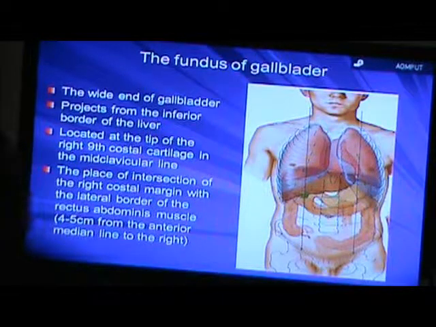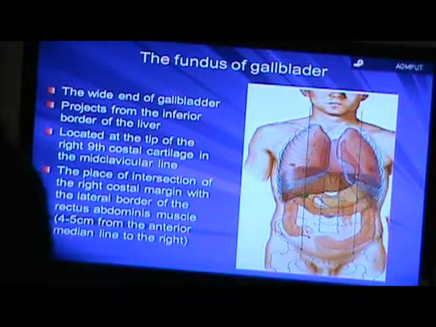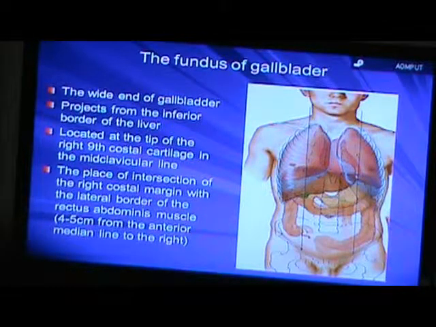Or we can say that it is the place of intersection of the right costal margin with the lateral border of the rectus abdominis muscle. It's normally 4-5 centimeters from the anterior median line to the right.